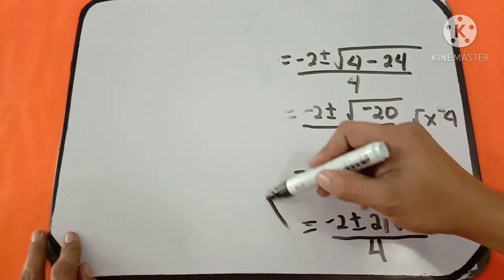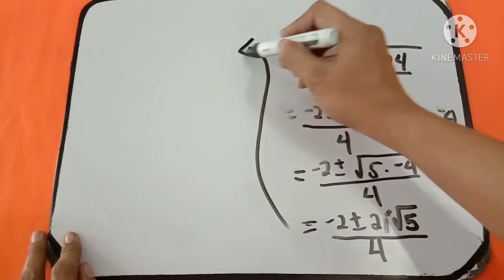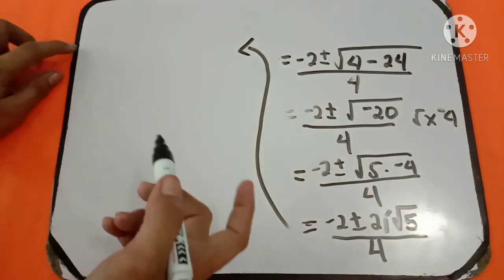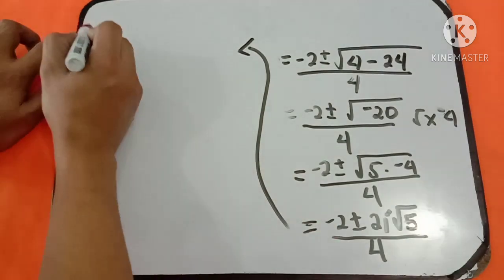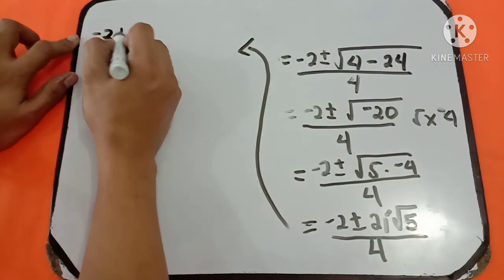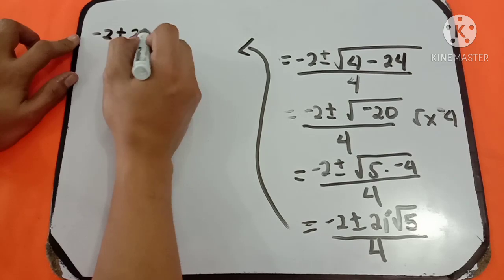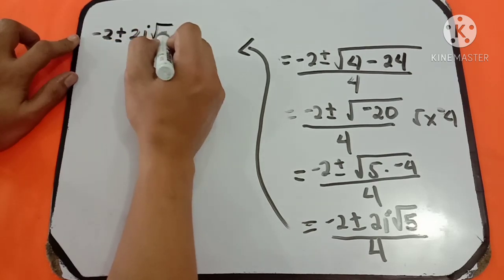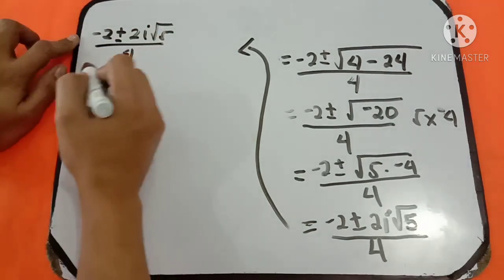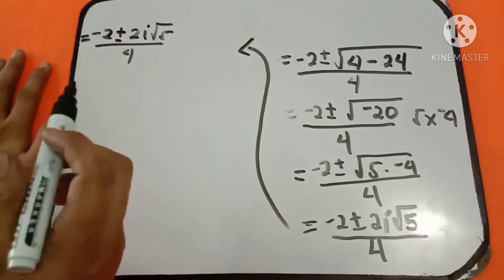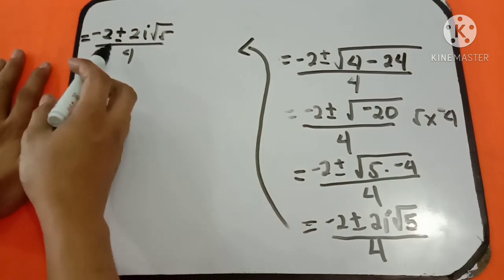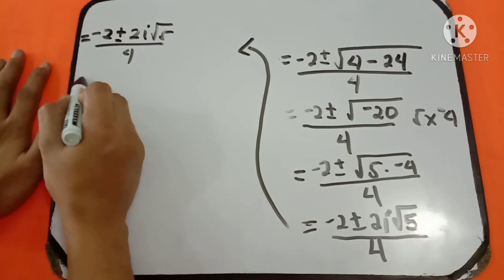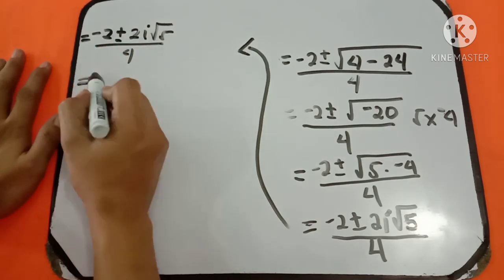And I will continue again the process into this portion. So, I will copy first this one. We have here negative 2, positive negative 2i, square root of 5 all over 4. So now, we have to separate first the positive from the negative. So, I take first the positive. So, we have here negative 2.